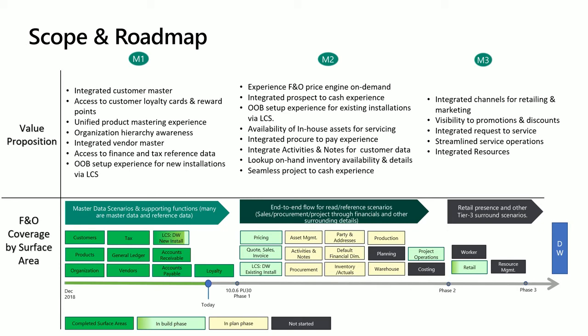We want to cover all those surface areas and make sure wherever the convergent story is there, or wherever the data is more meaningful and helpful for customers on CDS, we are exposing it.